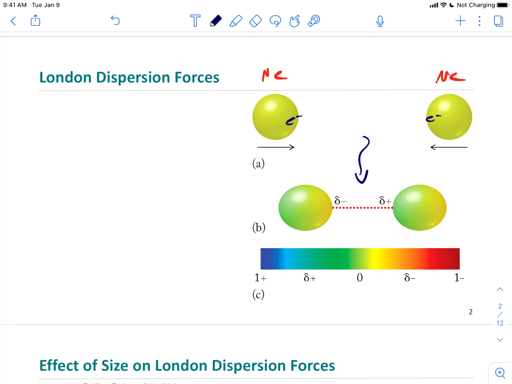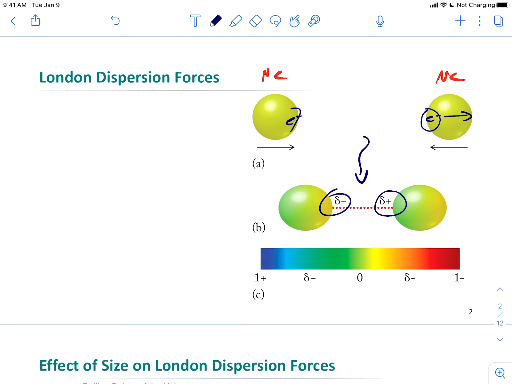So if electron density in this one is shifted away from this region here as a result of repulsion from here, this now has a partial positive charge and this has a partial negative charge. They can now attract each other. That's the London dispersion force. It's this weak temporary dipole that results.